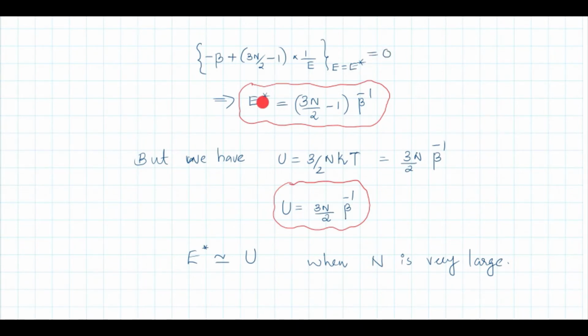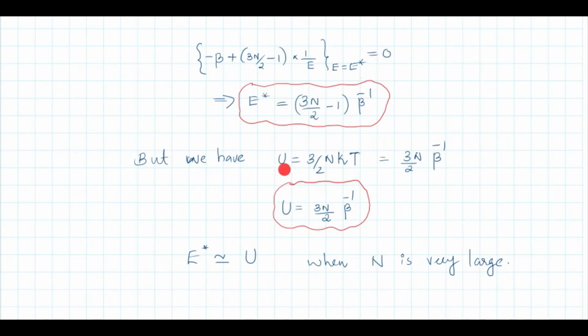Rearranging this, taking minus beta to the other side and writing an expression for E at the value E star, you will get E star equal to 3n by 2 minus 1 times beta inverse.